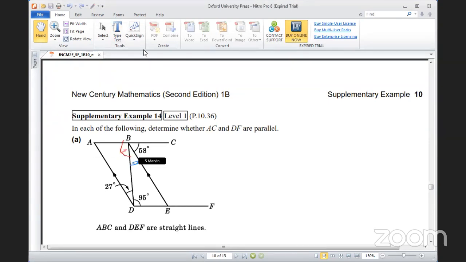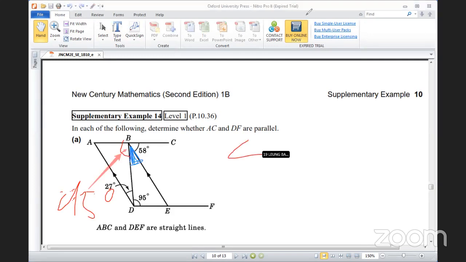Okay, you have found this one. Yeah, then this should be 95 degrees, right? And then you have to mention what you need to write. Angle BDE, yes. Very good.